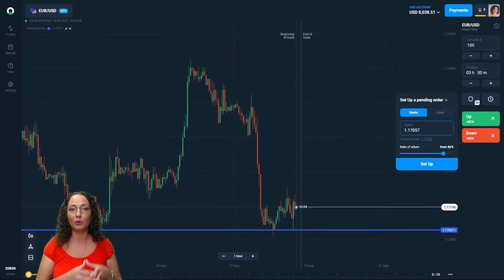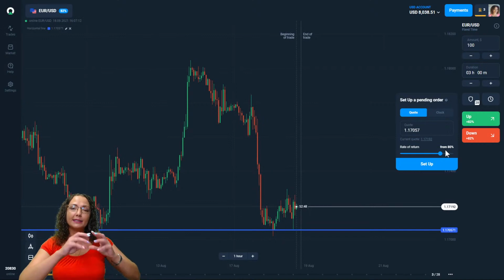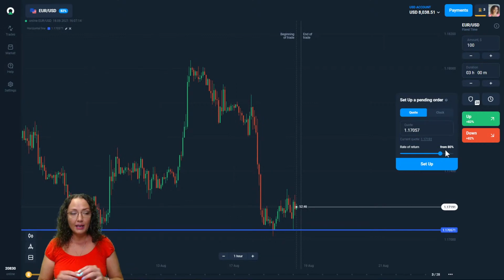So basically what you can do here is set the minimum desired rate of return for the asset in order for the pending order to activate and for the trade to open. So if we choose something like 80% and above, and at the time that the price reaches the level it's lower than 80%, then the pending order is simply not going to trigger.